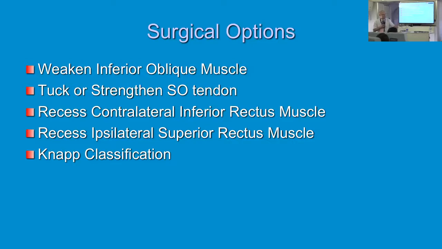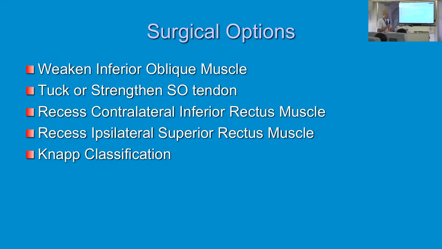The antagonist has the opposite effect of the superior oblique. It elevates the eye in the adducted position. So if the superior oblique is not working, the eye goes up, and it looks like you over-elevate when you look to the opposite side. So that's mostly what we do.